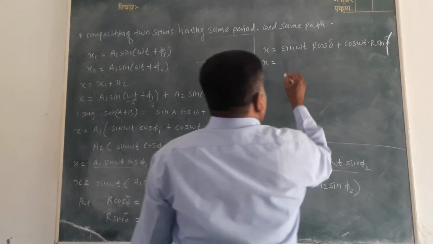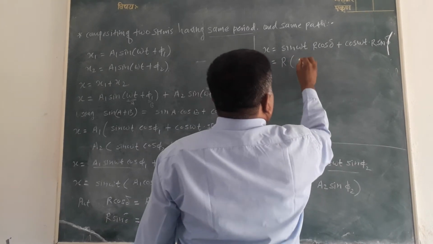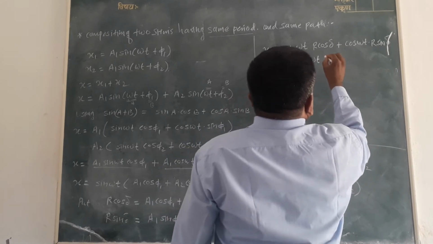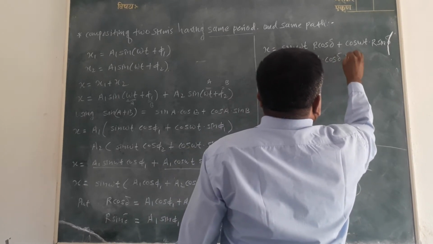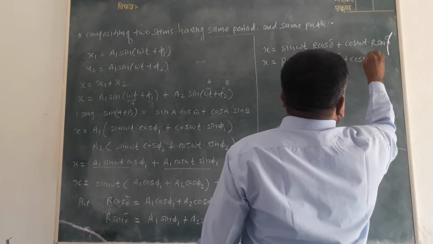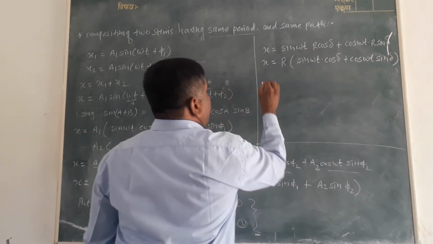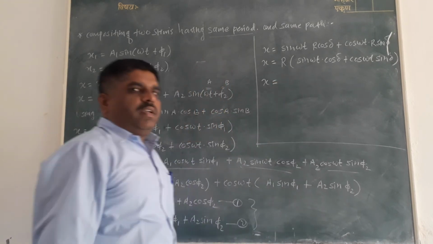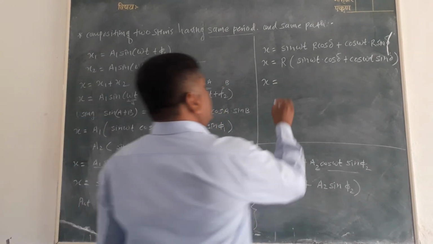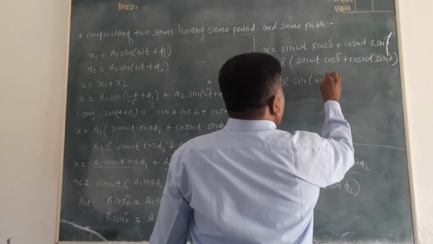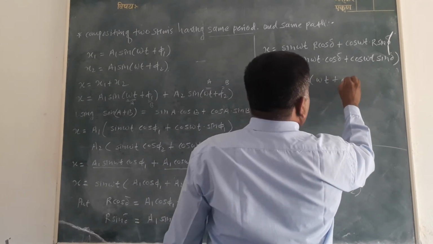X is equal to r common, sin omega t into cos delta plus cos omega t into sin delta. Therefore x is equal to r sin into bracket omega t plus delta.